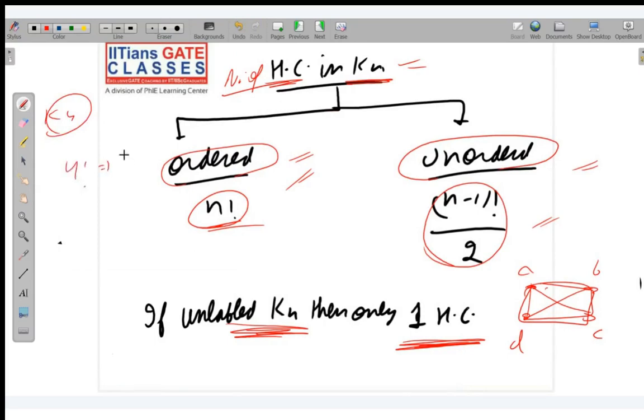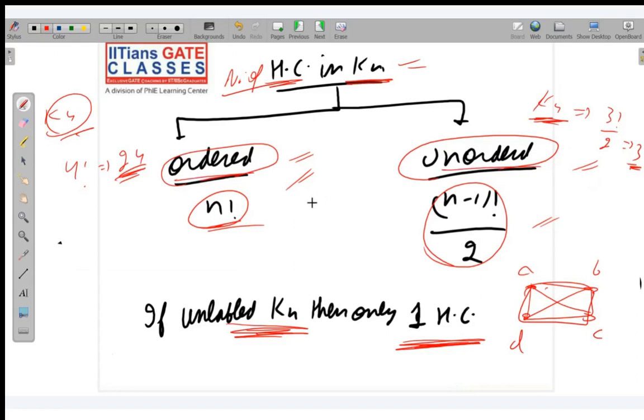Unordered it will be 3 factorial by 2, that is 3. Unordered is 3 and ordered is 24 for K4. Unordered means order does not matter. Ordered means obviously order matters. Okay, so it's very simple.